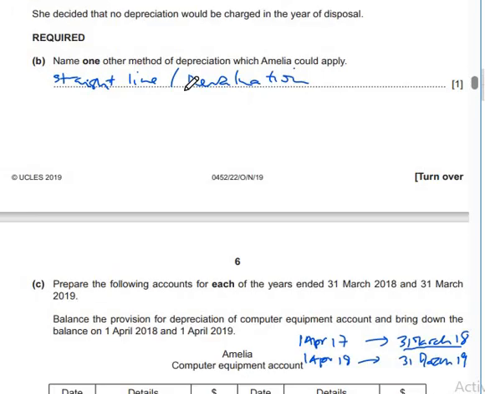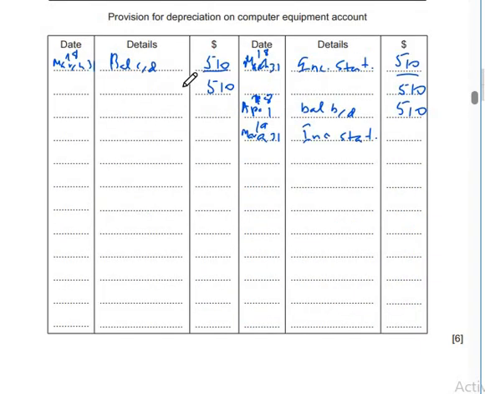Sorry, 1,700, right? So 1,700 minus 510 to get the net book value, and we multiply the answer we get by 30%. Okay, and now the depreciation will be 357. All right, so 357 is the next year's depreciation.